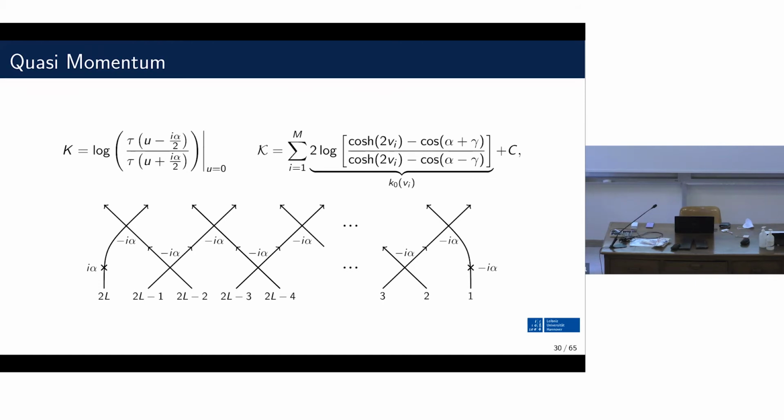You can also express it in terms of the Bethe roots. I'm sorry, it's out of the blue, but it's actually a very crucial object to identify the CFT which underlies this model. In the graphical notation, this is the operator with a checked R matrix here in this rotated geometry.